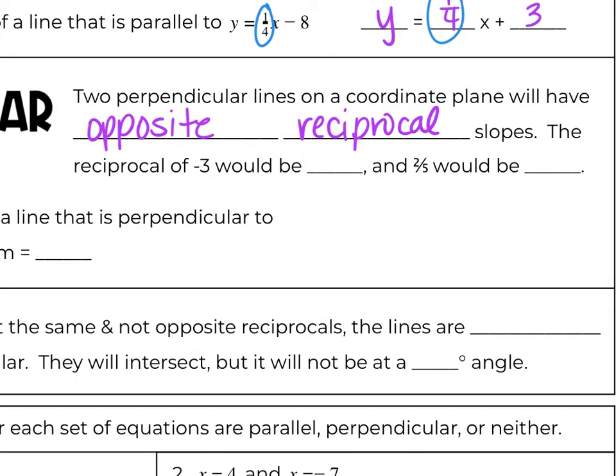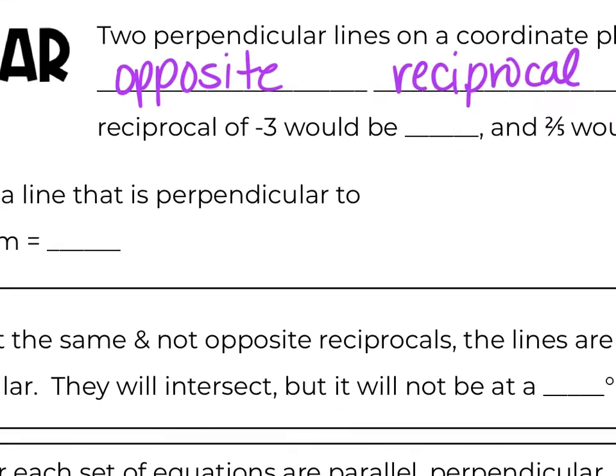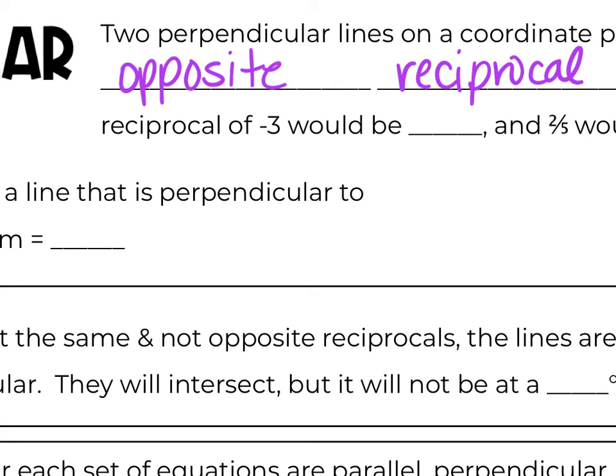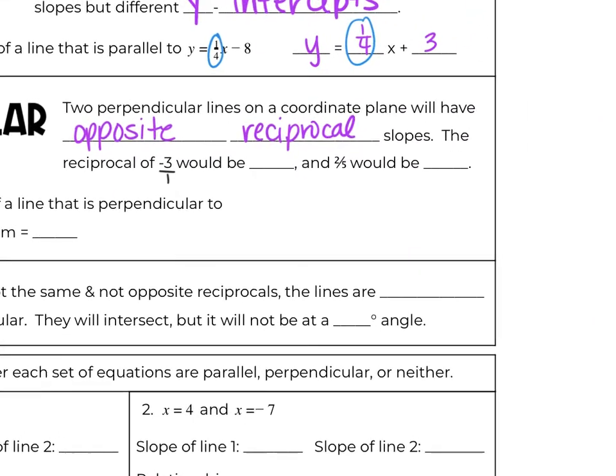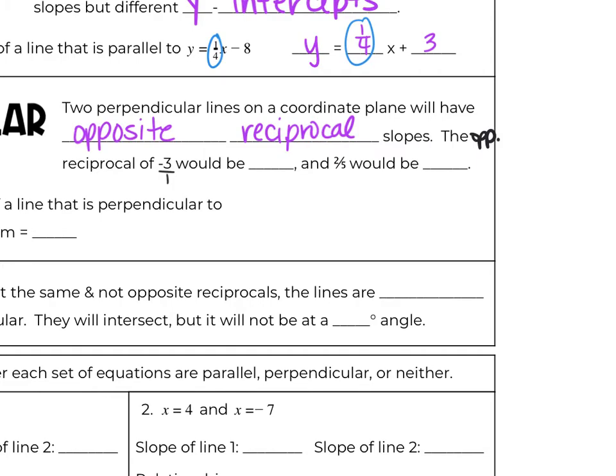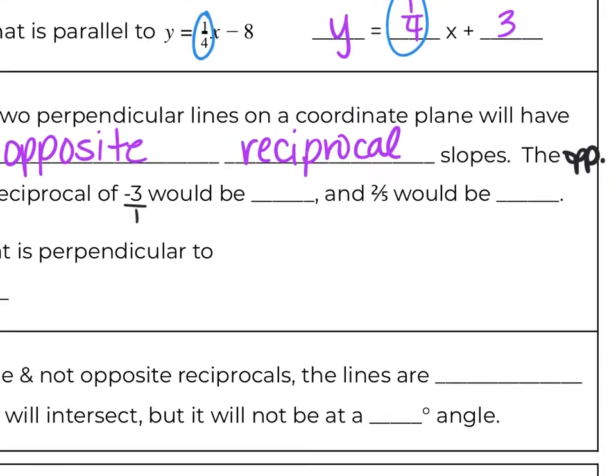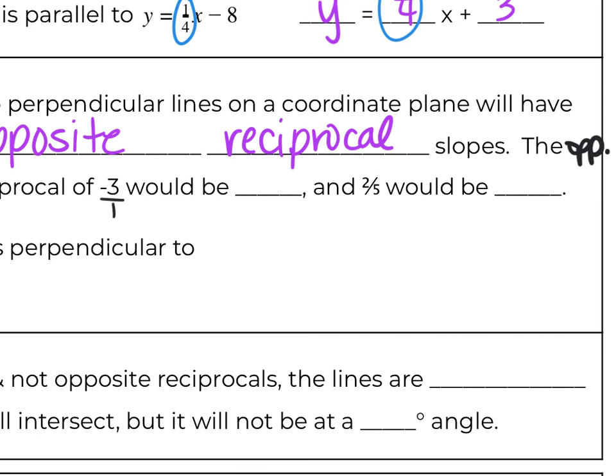So I'll give you a hard one first. The reciprocal of -3. Any whole number, how do you make it a fraction? Over 1. So what's the reciprocal, or sorry, I'm going to add this. What's the opposite reciprocal of -3? So first of all, the sign has to be different, right? So it's going to be positive. And then if I flip it, what's that going to be? 1 on top, 3 on bottom.